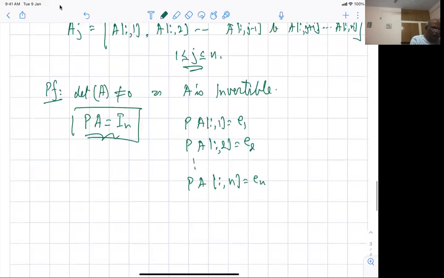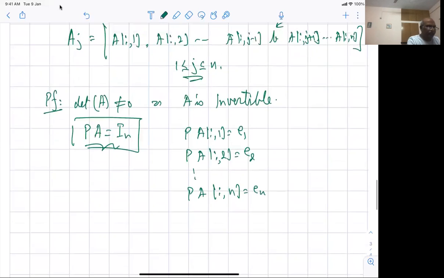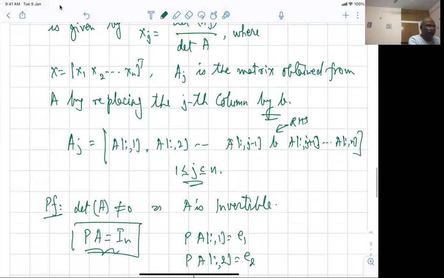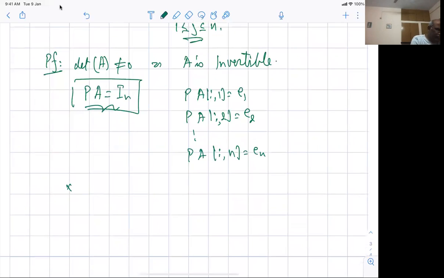So what we are doing here is that we are just using the idea of this P, which will come again and again. And therefore, if you look at the determinant here, below and above, I can multiply by P and then proceed. All right, so what I'm saying is that xj is determinant of Aj over determinant of A. So I can just multiply by determinant of P on both the sides.